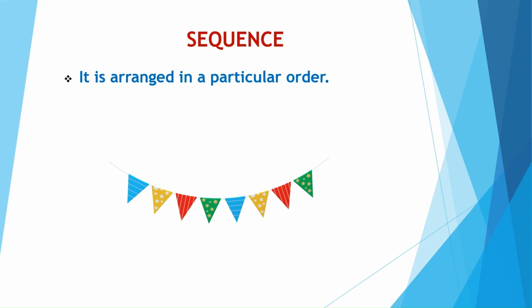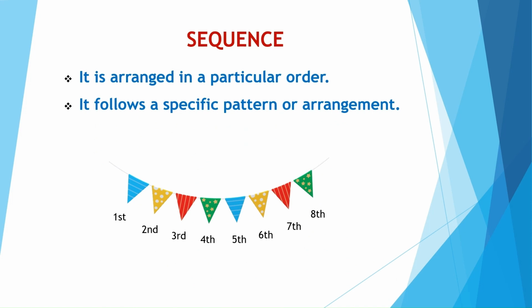The order of the placements of the banners here is such that blue comes first, followed by yellow, red, green, and then blue again, yellow, red, and green. Sequence follows a specific pattern or arrangement.